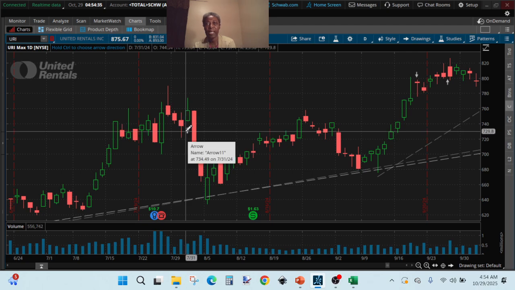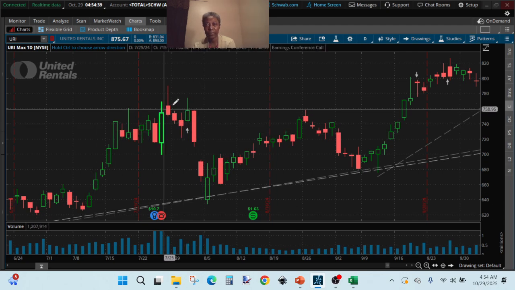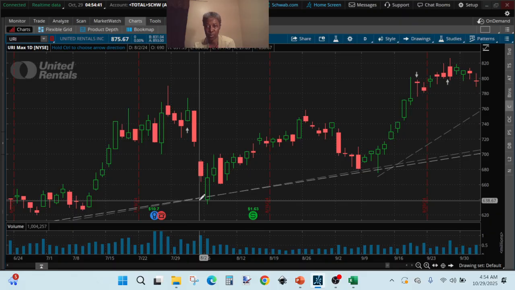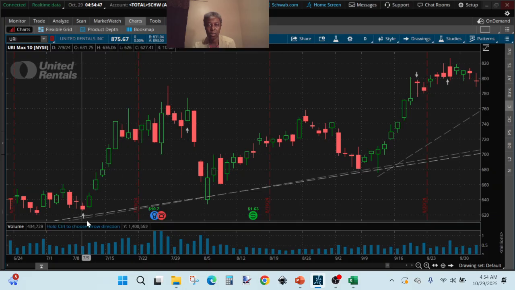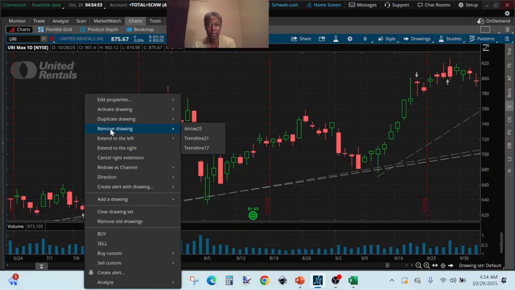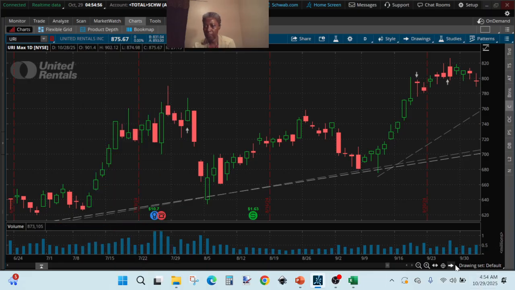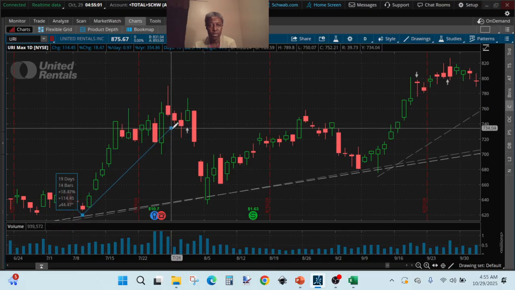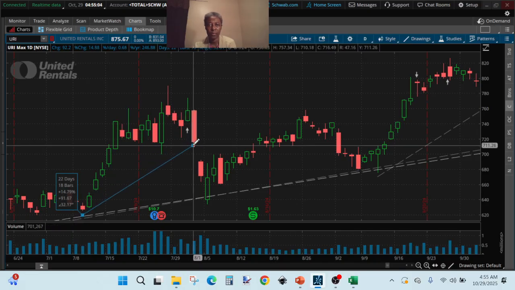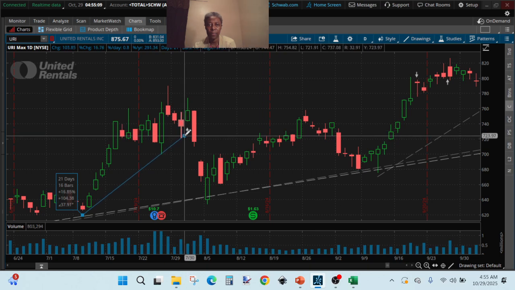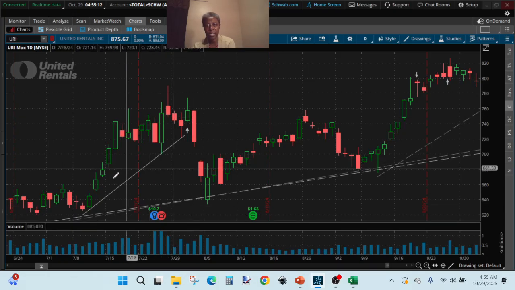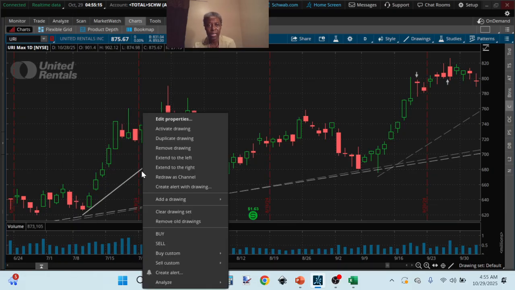And I purchased it there again, but it was away from the support line that I was purchasing on, unless I was following a trend line like this, let's remove it.